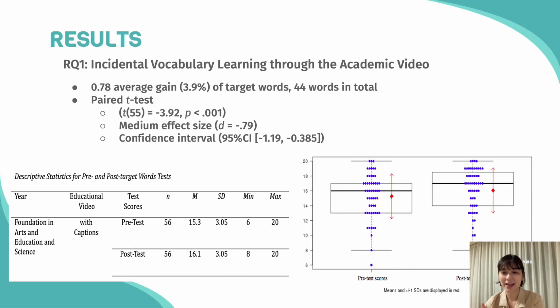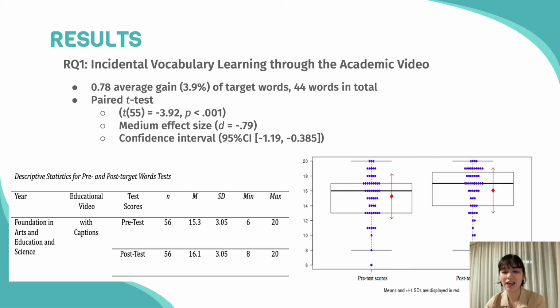The results were analyzed through descriptive and inferential statistics. For the first research question, determining the effectiveness of academic videos for incidental vocabulary learning, it was found that there was an average gain for participants of 0.78 or 3.9% of the target words after watching the 10-minute academic video once. And there was a total gain of 44 words by all the participants.